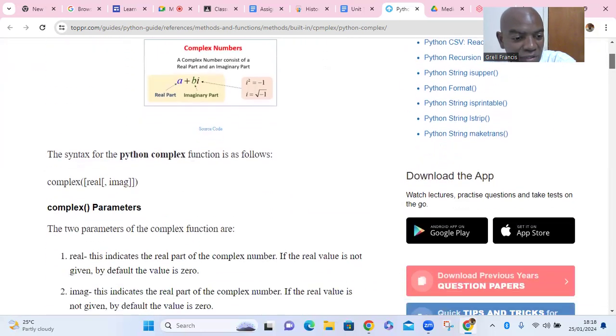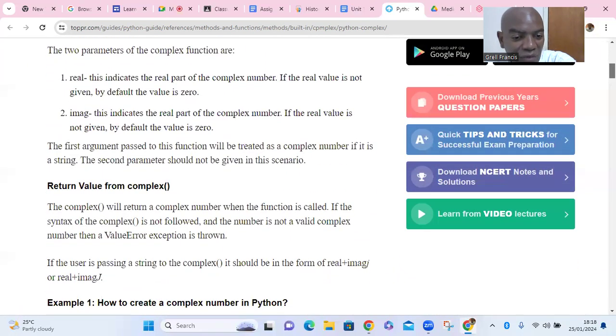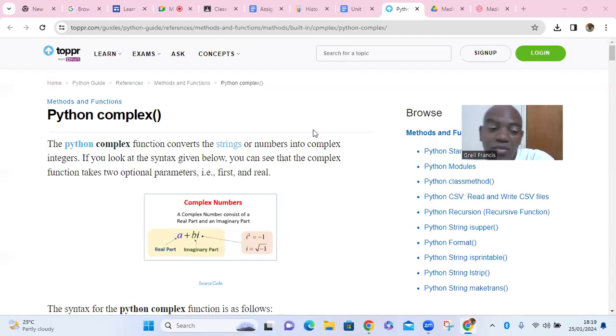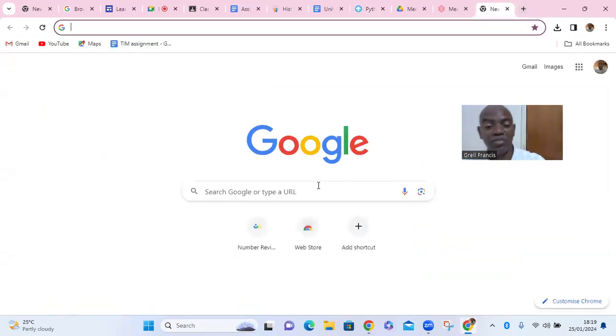So that's what this website is offering. It's a specific app, it looks like. So this website is not so helpful with regards to giving us examples of complex numbers.